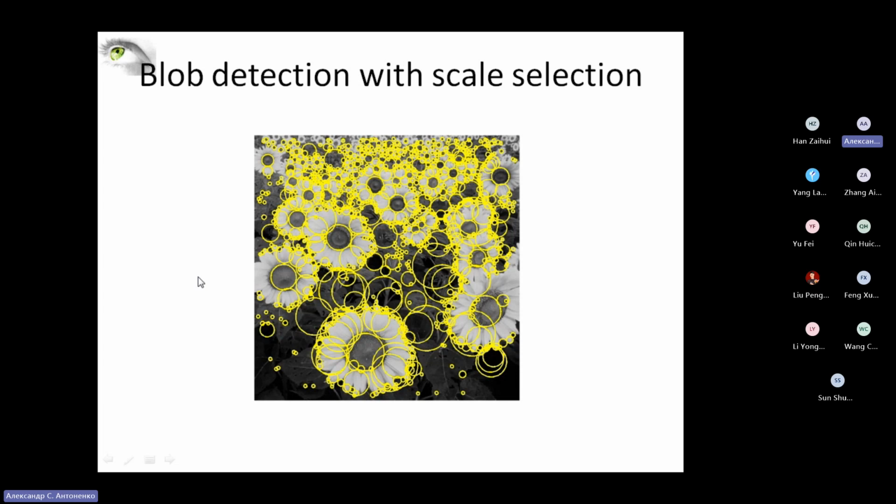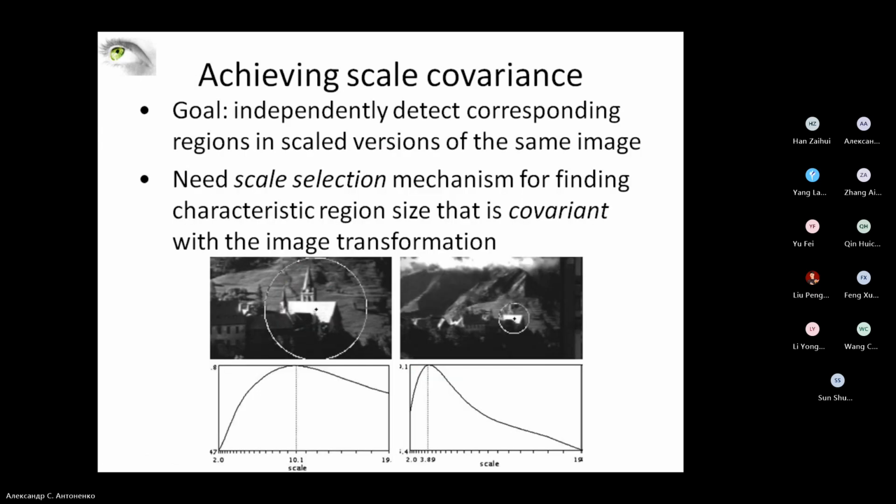So what actually are blobs? It's some region that differs from its surrounding, and it's very distinctive in its form. We can find some blobs here, and they can be bigger or smaller. We can describe a blob as some circle with something that is different from its surrounding.